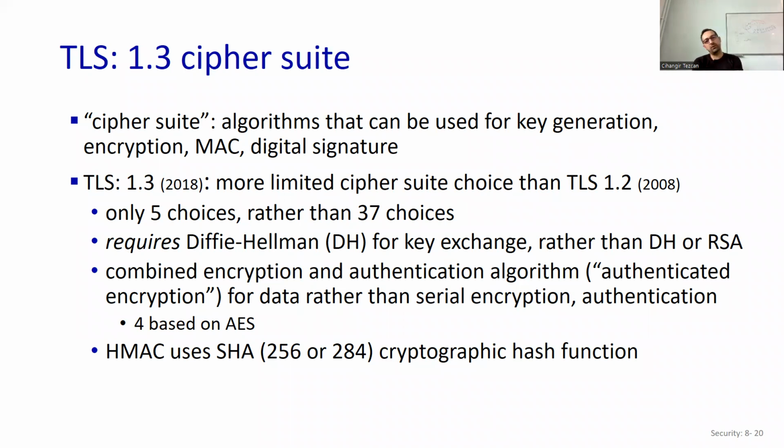But the change from TLS 1.2 to 1.3 is that now you have to provide forward secrecy. This means that whenever you are using Diffie-Hellman, the values you create for that instance should not be related to your next Diffie-Hellman key exchange, okay?